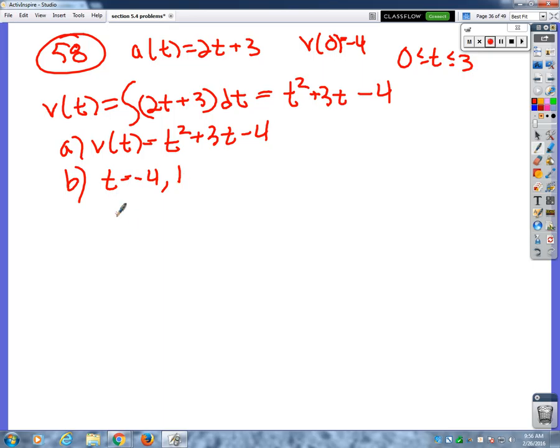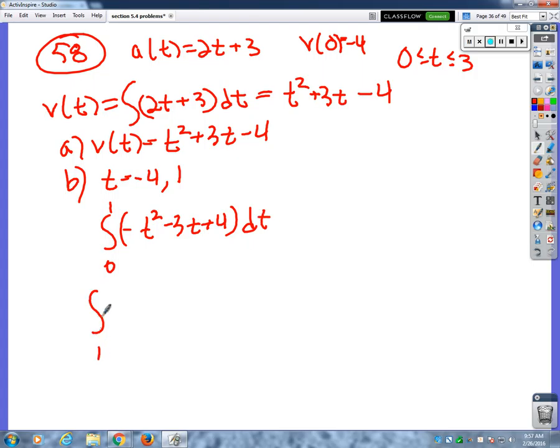So that means we have to break this down into two different ones. The integral from 0 to 1. Is it going to be positive or negative in between 0 and 1? Positive? Right, so I'm going to go 0 to 1 of negative t squared minus 3t plus 4 dt.